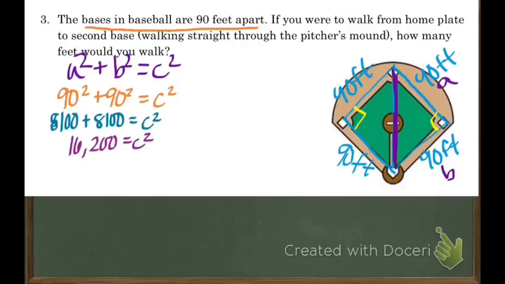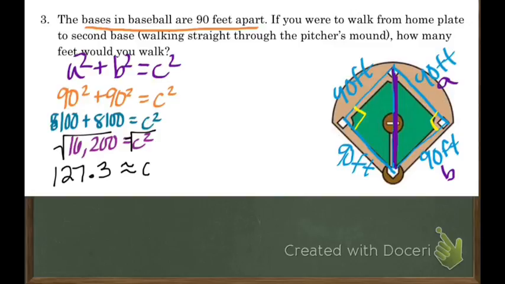Now that's not how many feet it is from home to second base. We have to take the square root of this number, and it'll give us approximately 127.3.